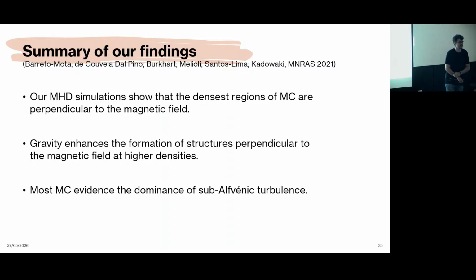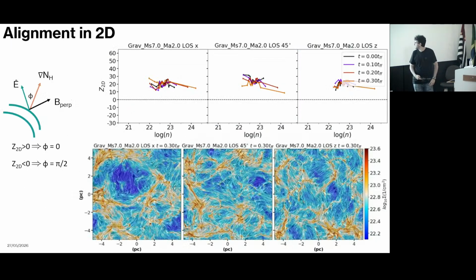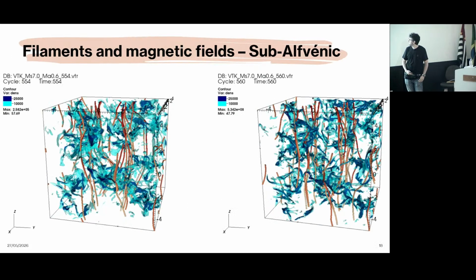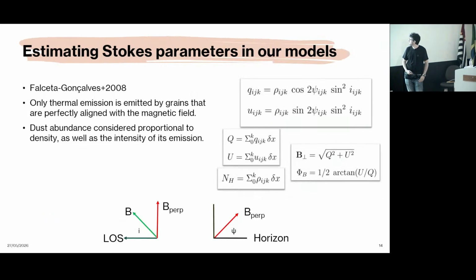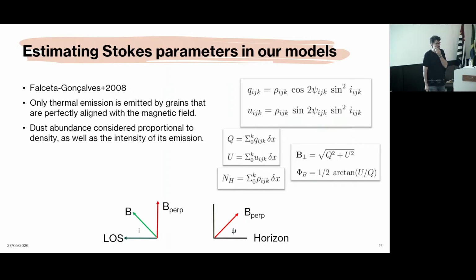Hi, Lucas. With regard to the polarization that you showed, I think that from your simulations you calculate directly the Stokes parameters, and when comparing to the observations, the authors probably use the Davis-Chandrasekhar-Fermi method that assumes the frozen-in condition of the magnetic field along the fluid of the interstellar gas.